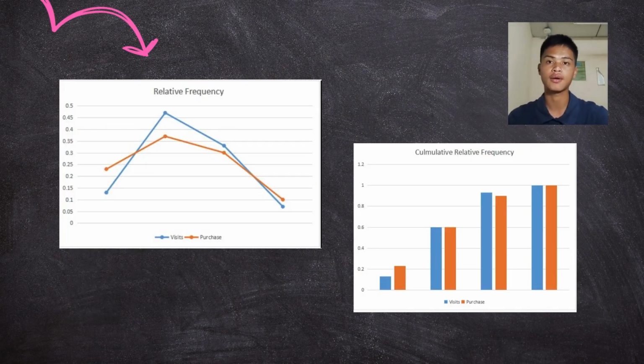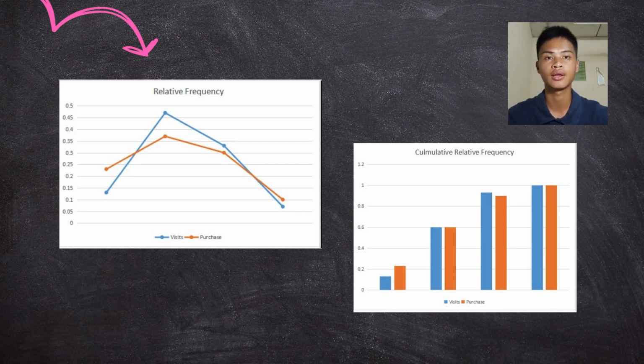So these are the graphs of comparison for relative frequency and cumulative relative frequency between the two metrics. For the relative frequency, I'm using the line graph. The blue line is for visits and the orange line is for purchase.